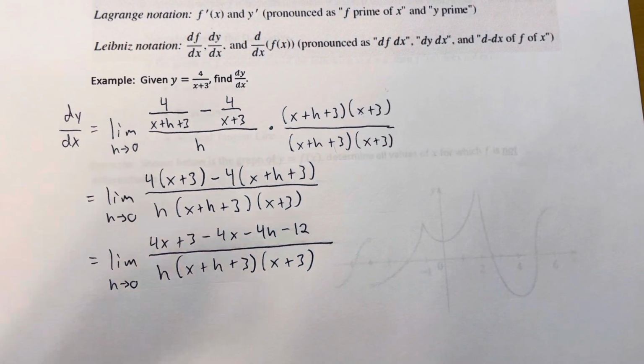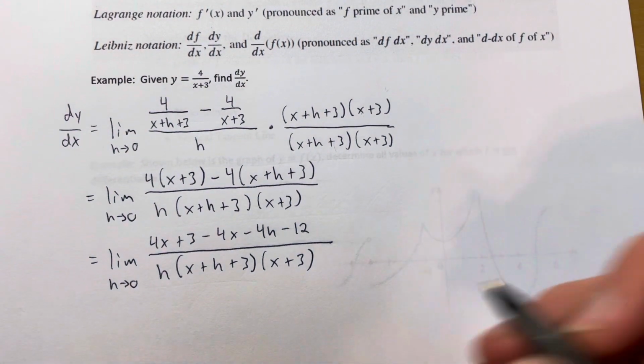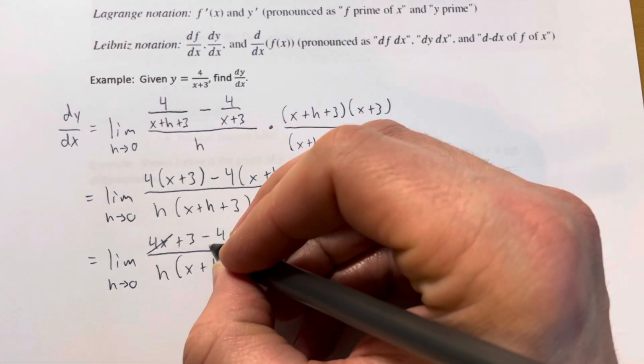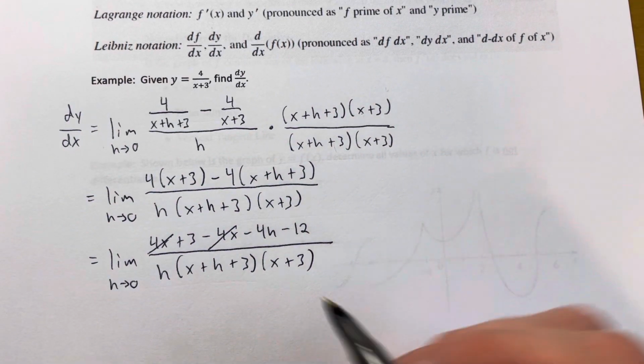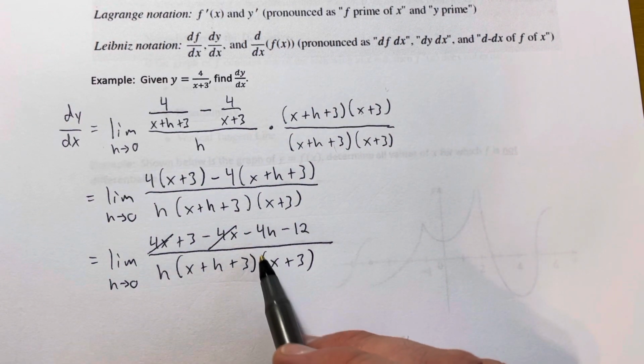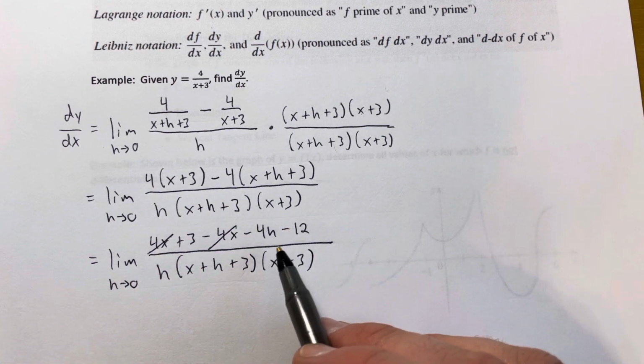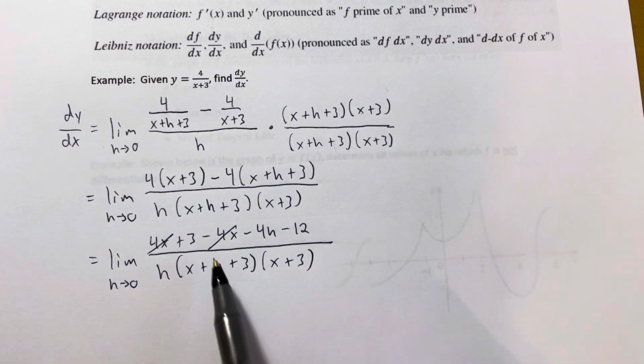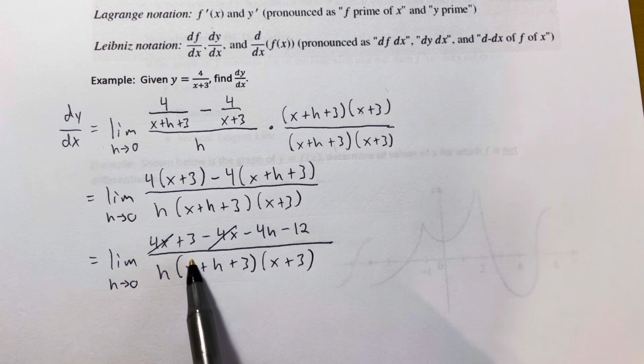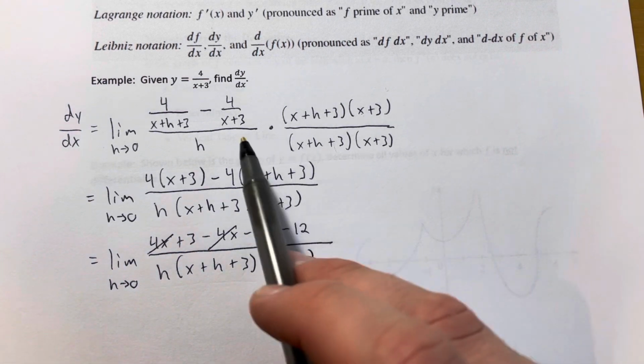And just as you keep seeing over and over again with these problems, cancel things as much as possible. So 4x, negative 4x, those are going to cancel. Did I miss something there? I feel like something important is missing.